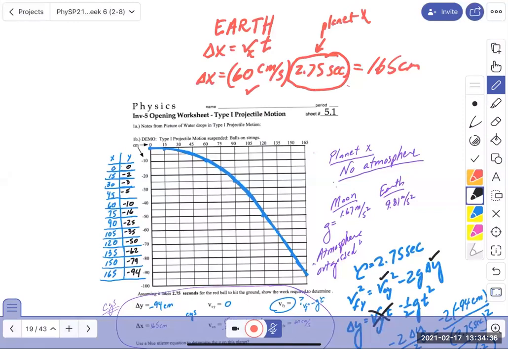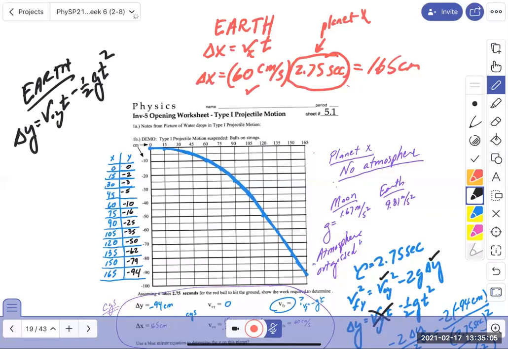So for Earth over here, how are we going to find time? Look at your blue equations. Which one should we use to find time? Obviously not the third. We don't know the final velocity, so it has to be the second. So on Earth, in the y direction, we have delta y equals v naught y t minus 1/2 g t squared, but we catch a break there, that's 0. So don't worry about that.